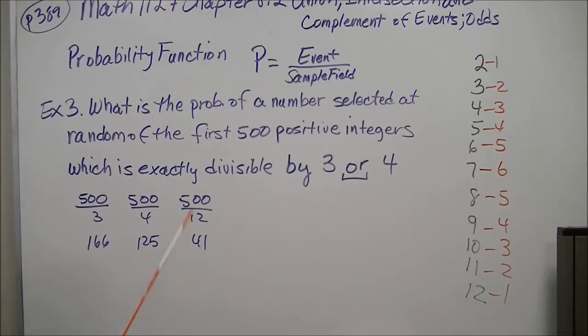The technique for finding those divisible by 3 is to take 500 divided by 3, and you get 166 and a little decimal. Disregard that decimal. There's 166 numbers that are divisible by 3. Do the same thing for 4, and that gives you 125.